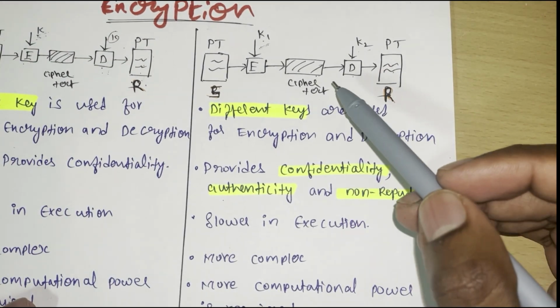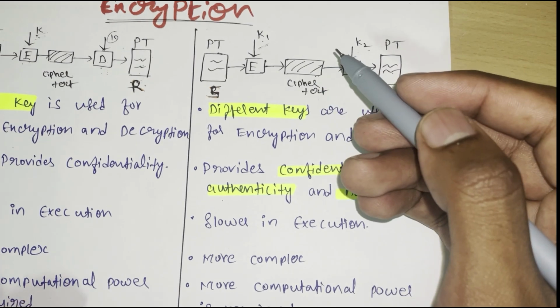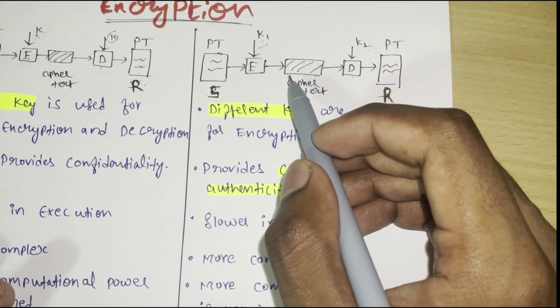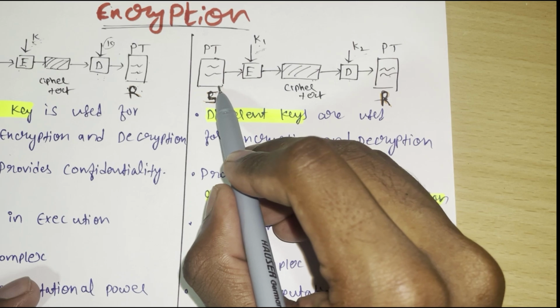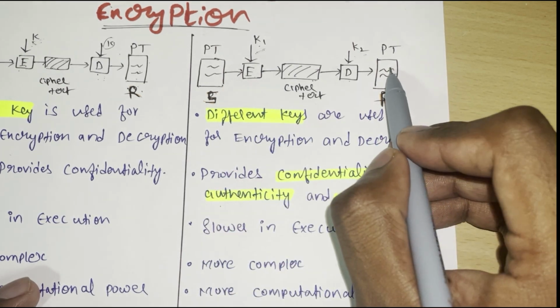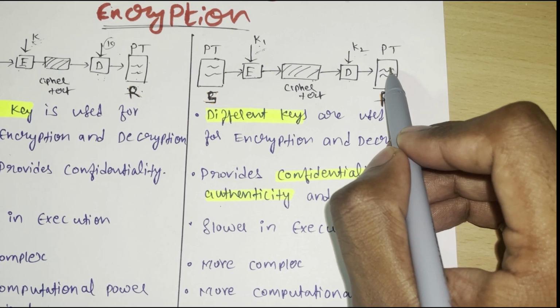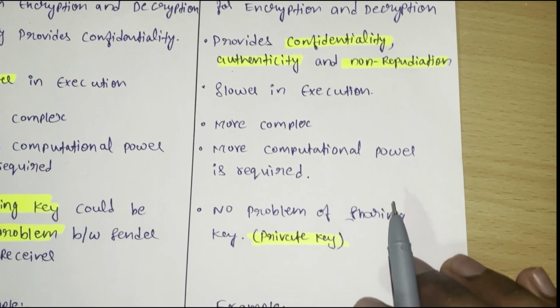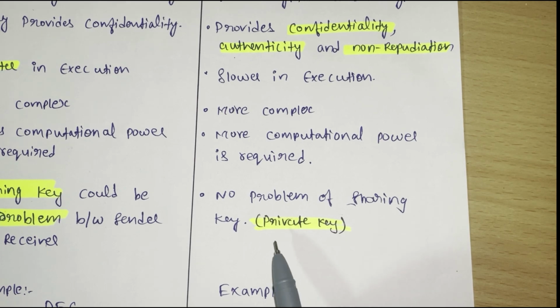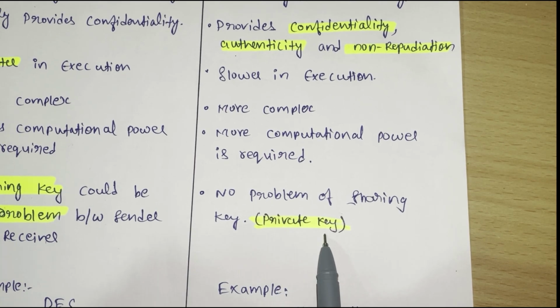Comparing with asymmetric key encryption, we use a private key concept here, because the sender will encrypt with the public key of the receiver. This is a bit advanced topic which we'll understand later. For asymmetric key encryption, just remember that the private key concept is used.